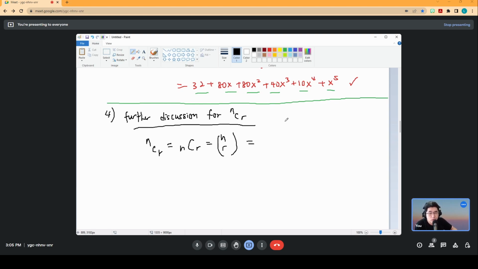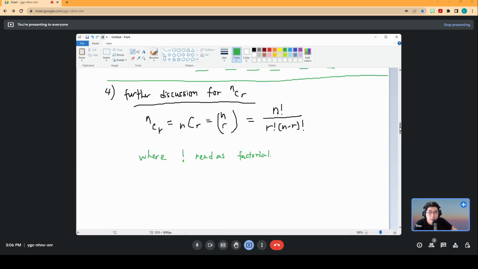The important thing that you need to understand is the formula n factorial over r factorial and n minus r factorial. Where this is read as factorial. The factorial here actually works like this.